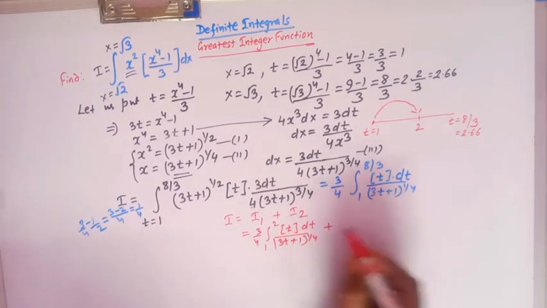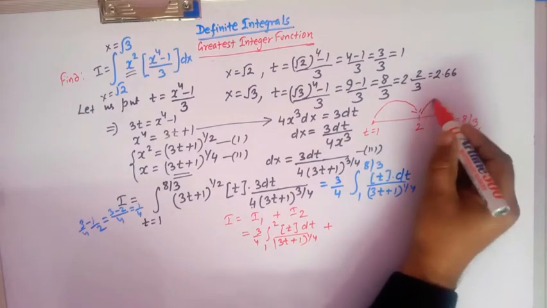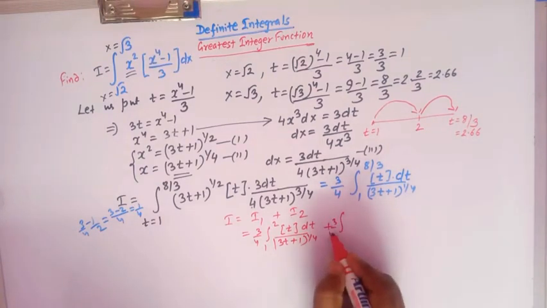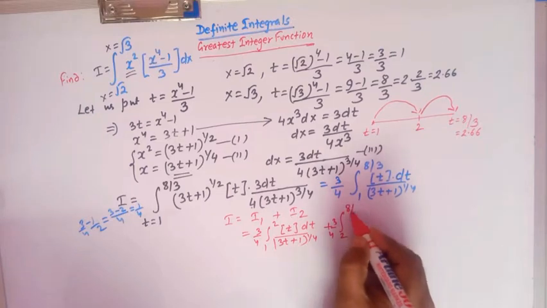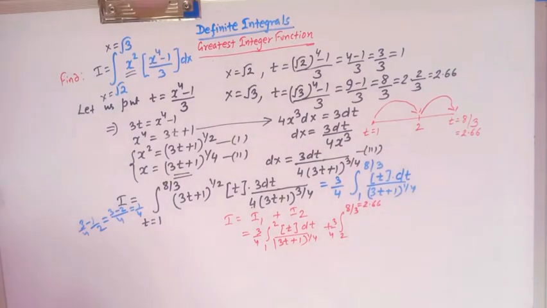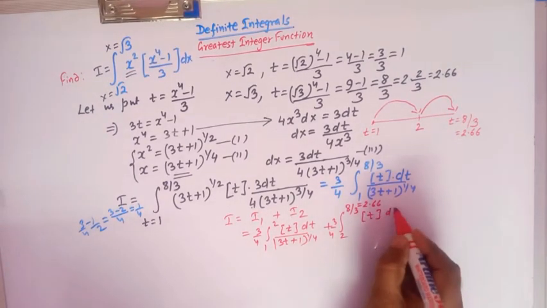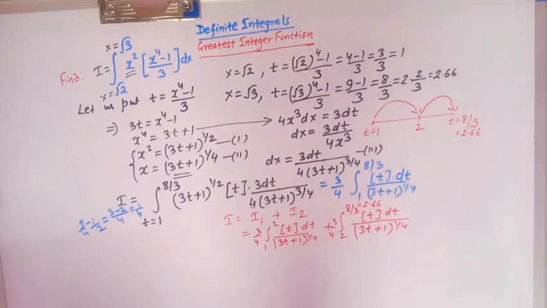And the second integral goes from 2 to 8/3, which is approximately 2.66. Here we have 3/4, and we have greatest integer t dt divided by (3t + 1)^(1/4), right?